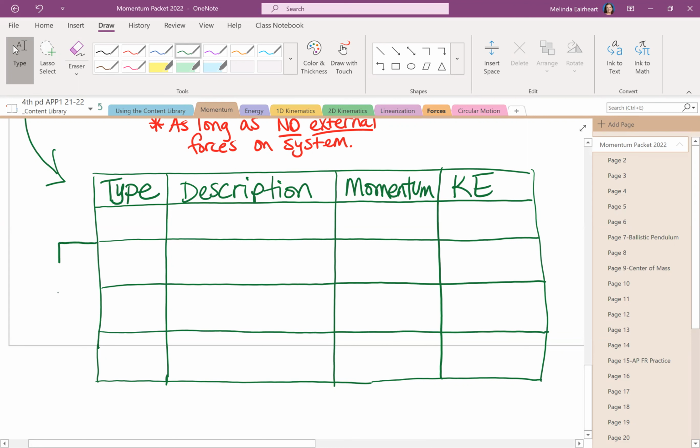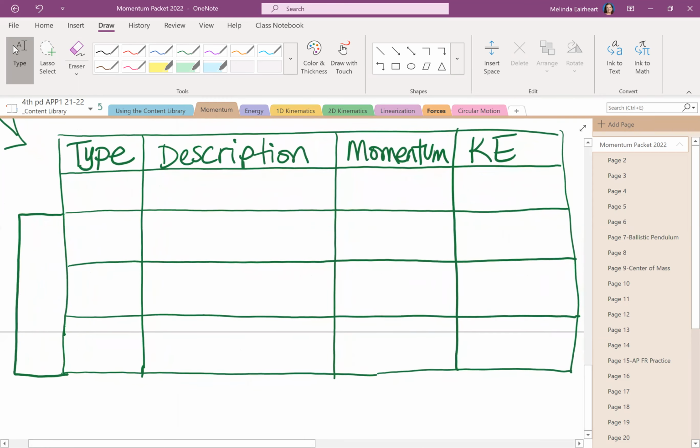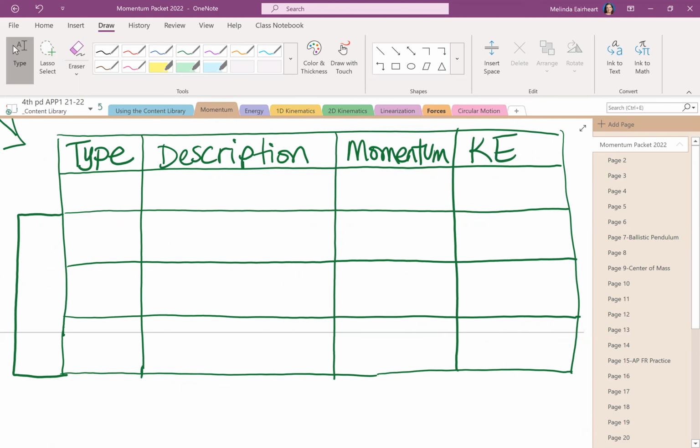But note that the last 3 are all going to have a connecting factor. This will make more sense once we finish the table. All right.